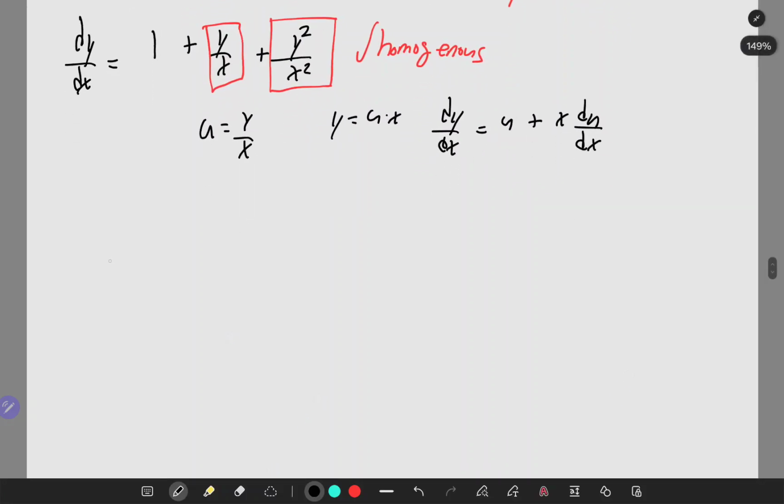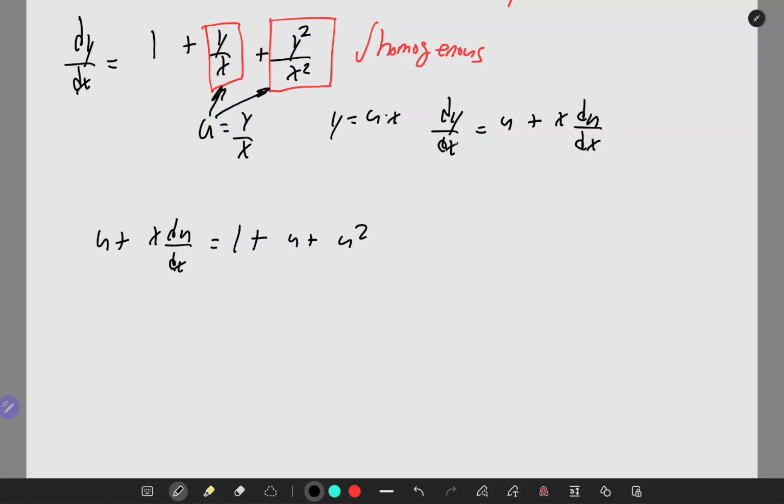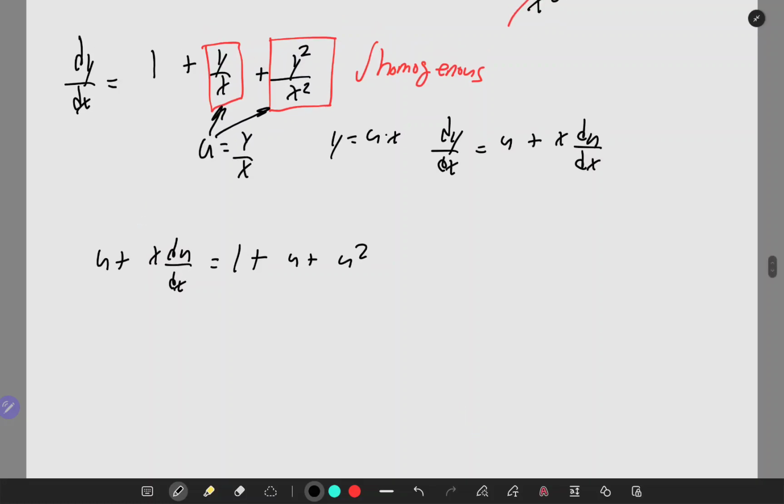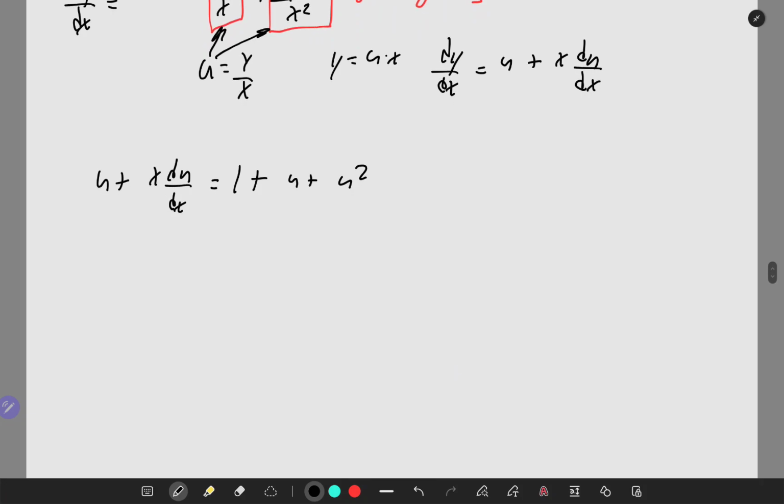And then we're left with u plus x du/dx is equal to 1 plus u squared. All I did was plug the u into here and the dy/dx into over here. So now I subtract the u over. This cancels with this. x du/dx is equal to 1 plus u squared. Now, we have a separable equation.